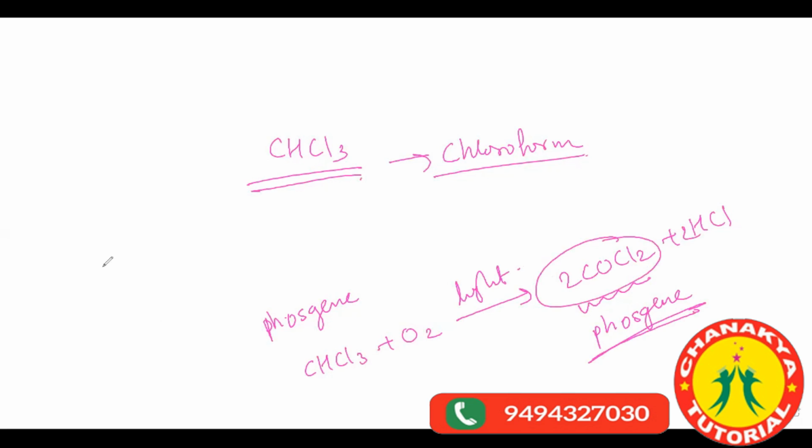Okay, fine. Now, the next chemical which is given to you is tetrachloromethane, CCl4. It is a product used in large quantity in the manufacture of refrigerants and propellants for aerosol cans.